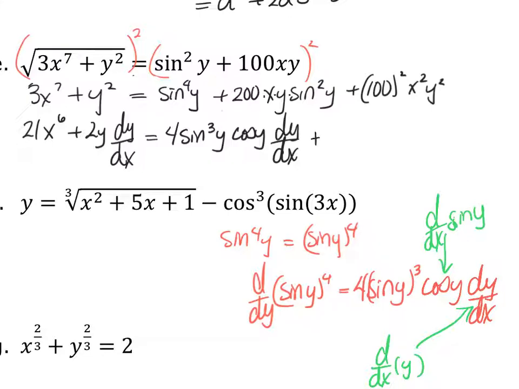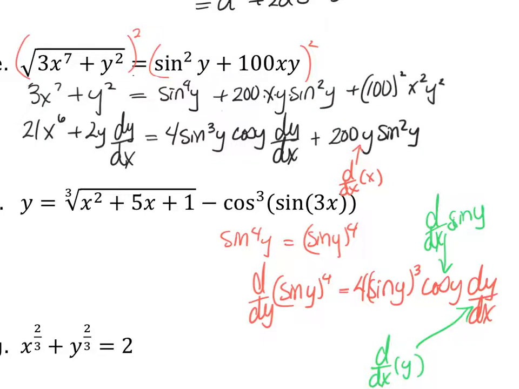It's just going to be 1, right? Derivative of x is just 1. So 200 y sine squared y. This is the derivative of x multiplied by the other things that are going on. Okay? I'm doing the product rule here.